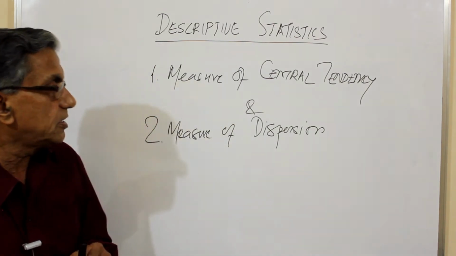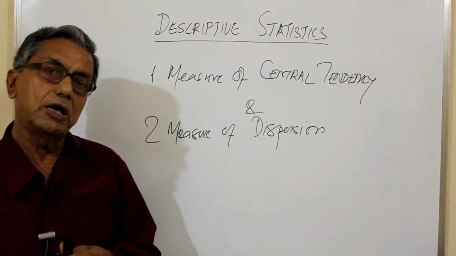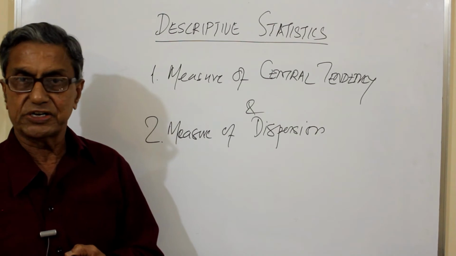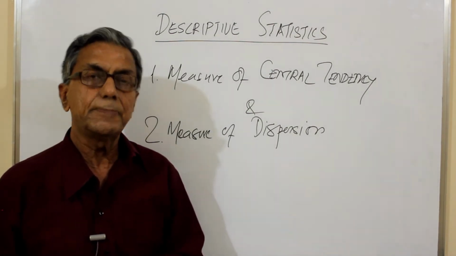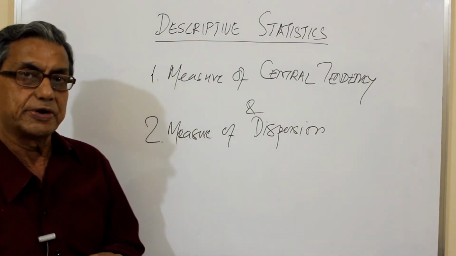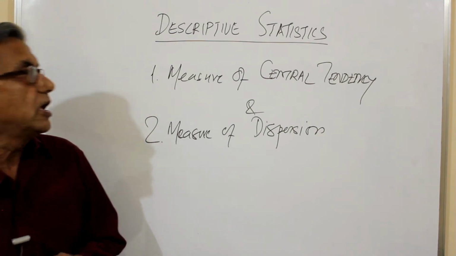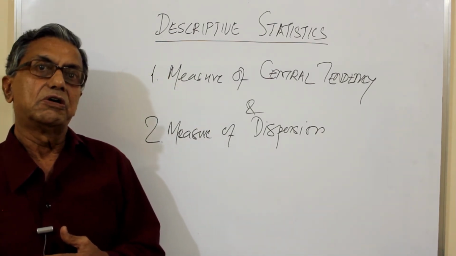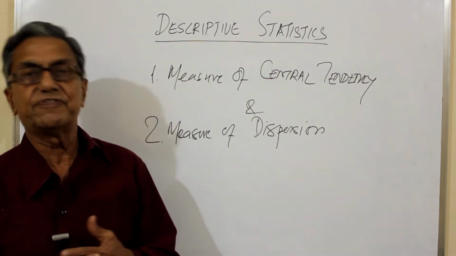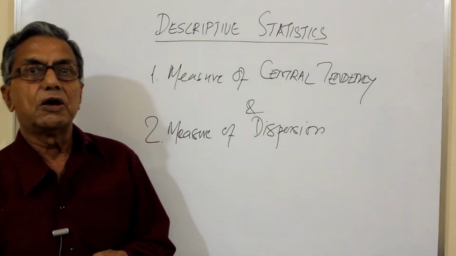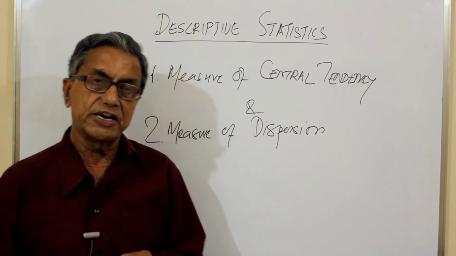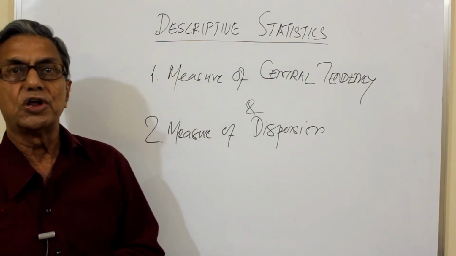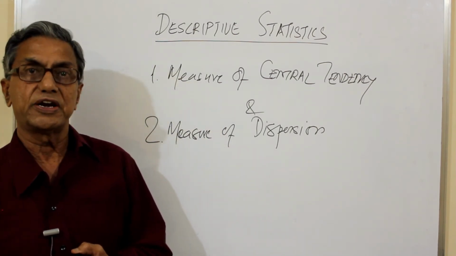Of all the parameters, the standard deviation is a very important one. Jointly, the mean and the standard deviation play a very important role in understanding more about the data set.